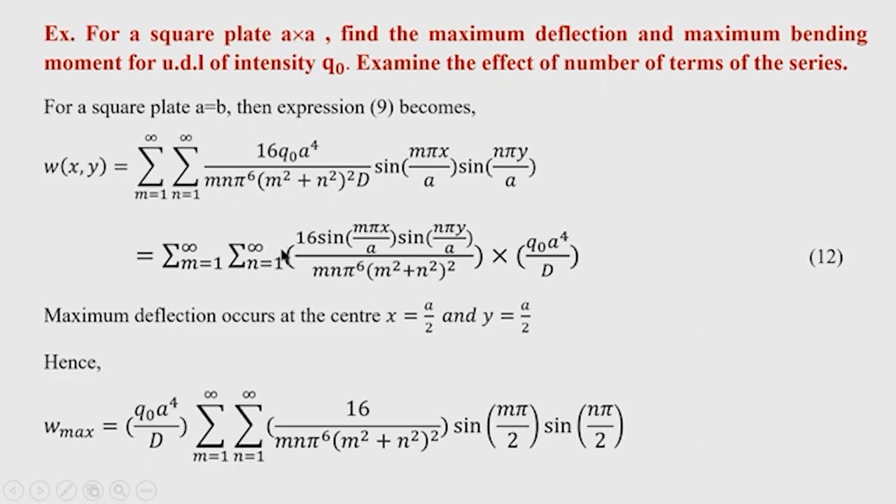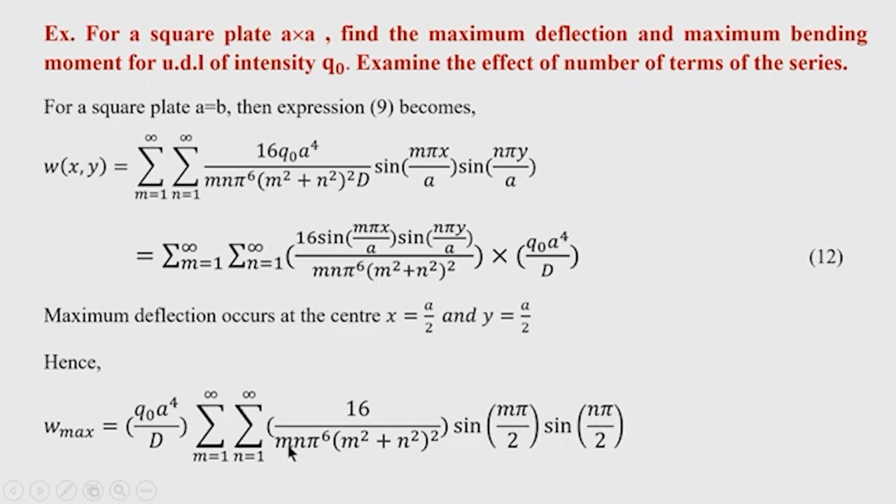So, the maximum deflection occurs at the center, so x is equal to a by 2 and y is equal to a by 2. When we put x equal to a by 2 and y equal to a by 2, we get the maximum deflection as this. So, q naught a to the power 4 by D is a constant term, and we have taken it outside the summation, and that summation term we now have to evaluate and see how the maximum deflection converges with the number of terms.